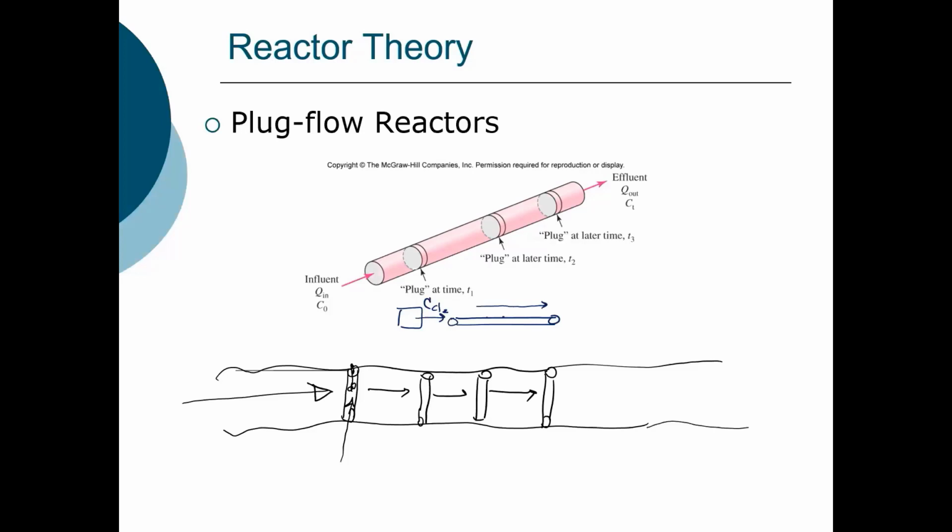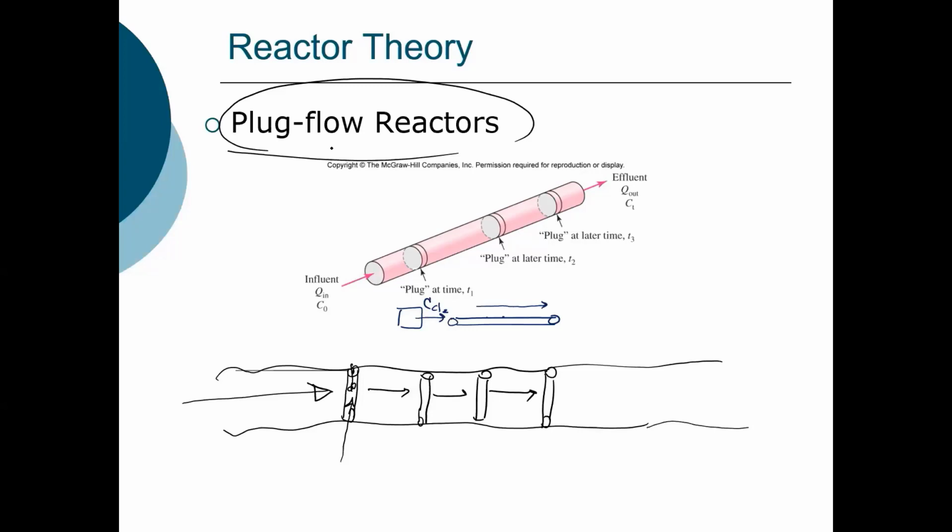So typically when we're looking at modeling flow in a river, we will use a plug flow reactor system for the description as it moves downstream. So I just thought that was helpful to think about it.